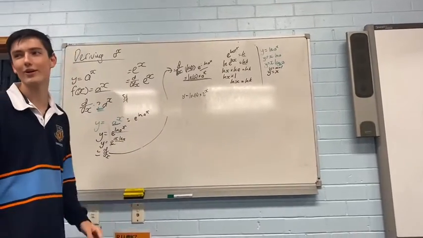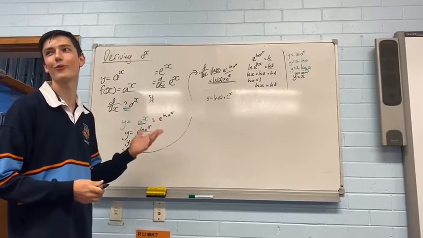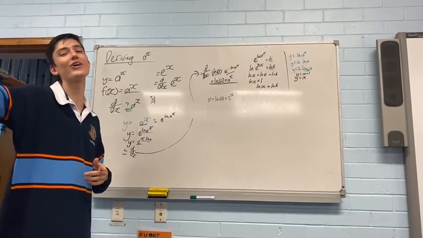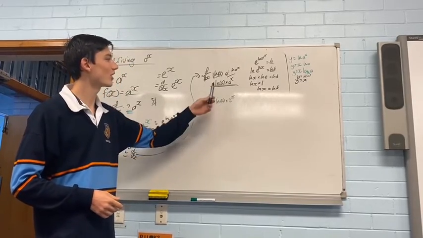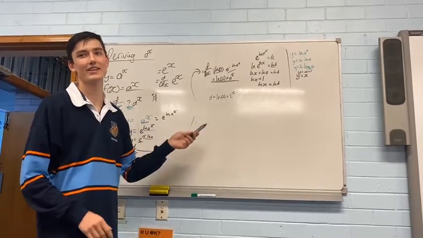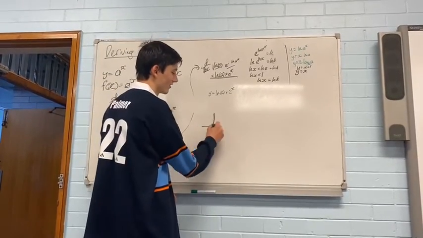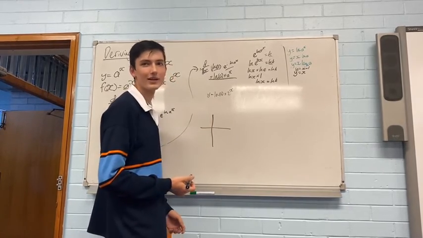Now, Margot, I know you always hate math, and you're always asking, how is this practical in the real world? I got you. I got a real world application of this. You can use deriving an exponential to find the instantaneous rate of change of anything. Let's just say I'm a biologist and I'm measuring how fast bacteria grow.